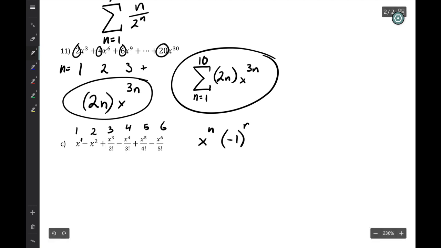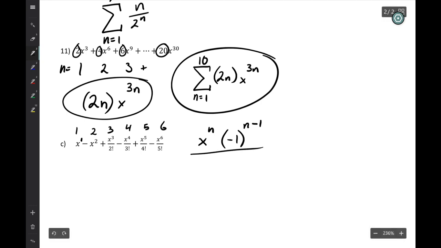But if I do -1 to the n and I plug in 1, it's going to be -1, which would make that first term negative. So what I do instead is I put -1 to the n minus 1, because now when I plug in 1, I get -1 to the 0, and when I plug in 2, I get -1 to the first, which makes it negative. So that gives me the right sign.